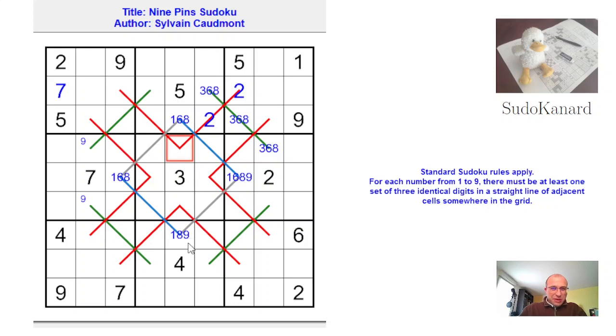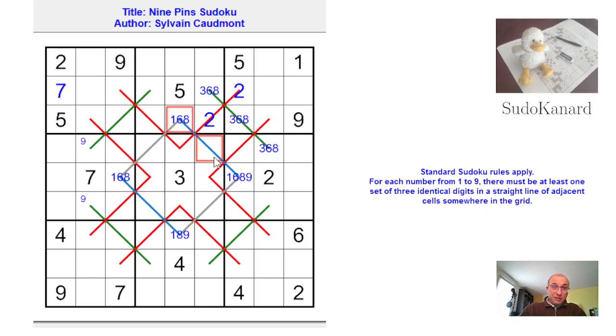So what is happening here? 8 could be repeated anywhere here. 1. Well, a lot can happen. 9 could be repeated on this, and there any digit here would be repeated. Or it could be the blue option with 1s here, or 8.